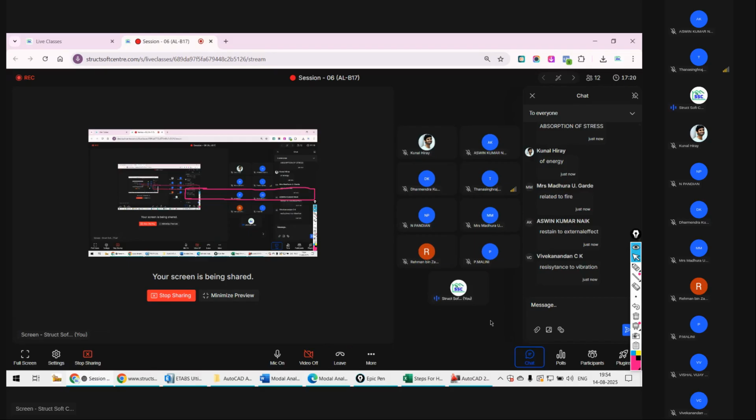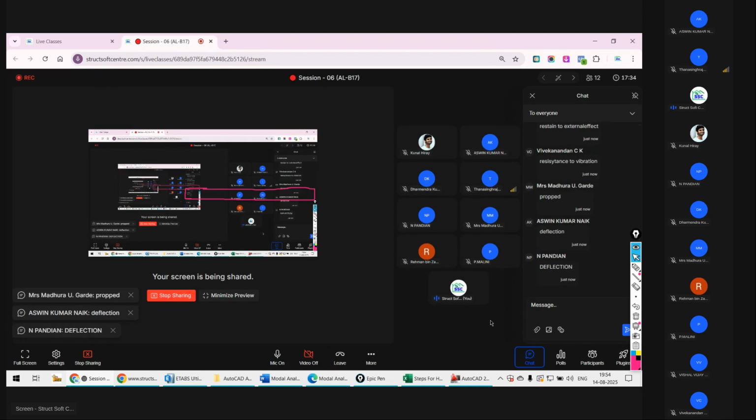So when you apply the load on the free end, what will happen? Guys, tell me fast. Take a cantilever building or a tree. Deflection will happen, but what does deflection mean?